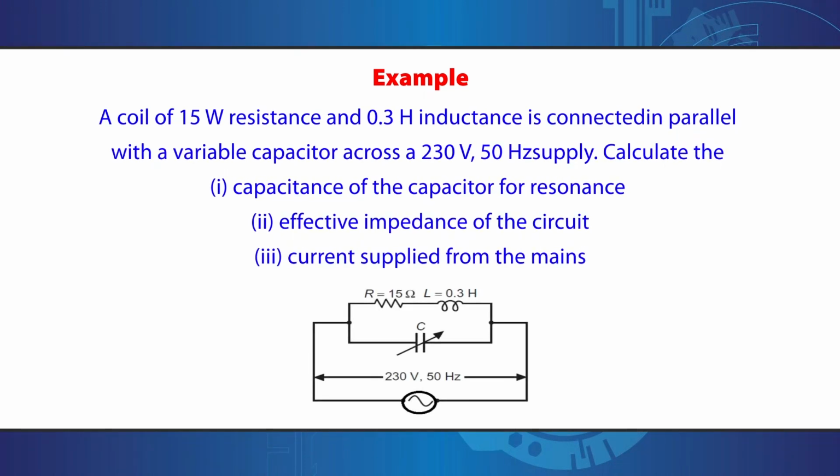Here you can see a coil of 15 ohm resistance and 0.3 Henry inductance is connected in parallel with a variable capacitor across a 230 volt 50 Hz supply. You have to calculate, first, the capacitance of the capacitor for resonance, second, the effective impedance of the circuit, and third, the current supplied from the mains.